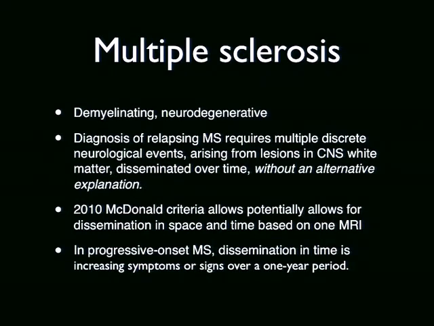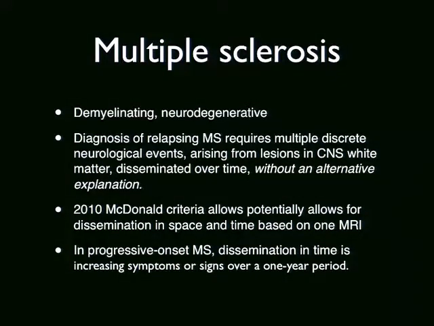And so the diagnostic criteria for MS have actually evolved over time. We are trying to diagnose patients earlier now so that we can confer the benefit of treatments to patients early on in their disease course, which is a change really over the last 10 years or so.